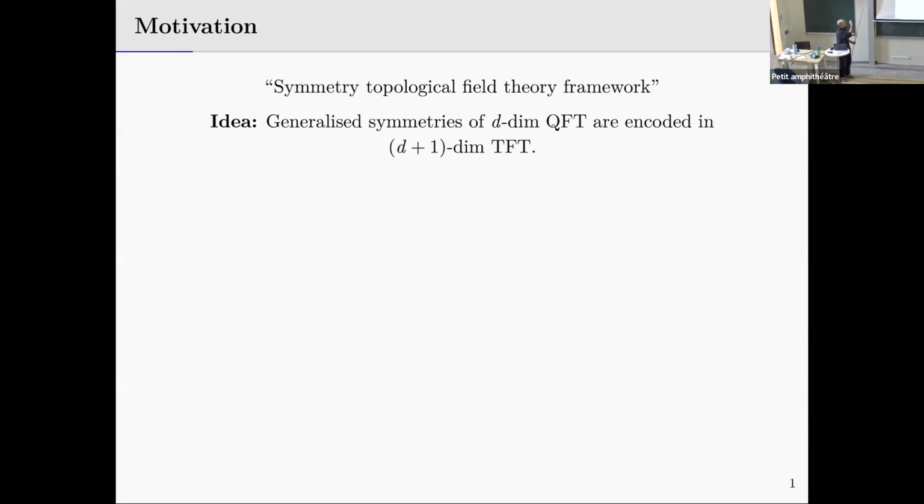And the idea behind this whole framework is that you have your d-dimensional quantum field theory, and the d+1 dimensional topological field theory acts on it via the topological defects in the d-dimensional theory.